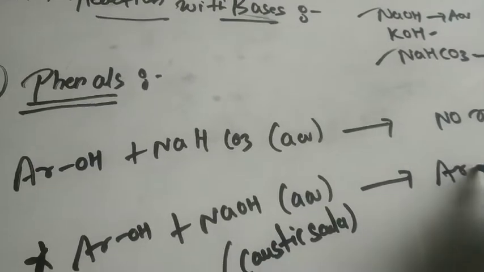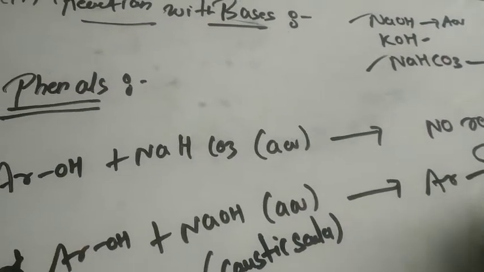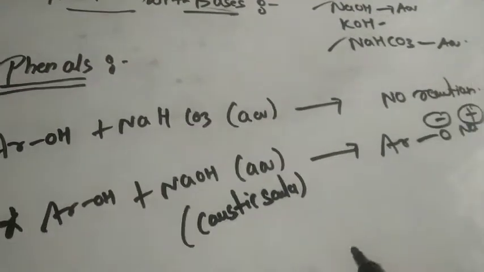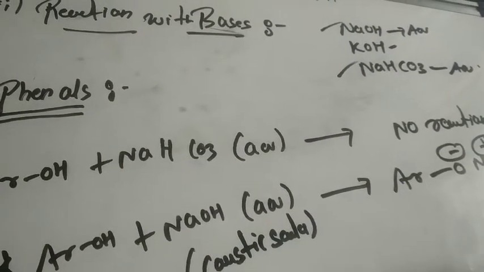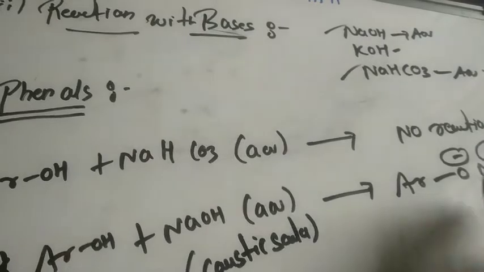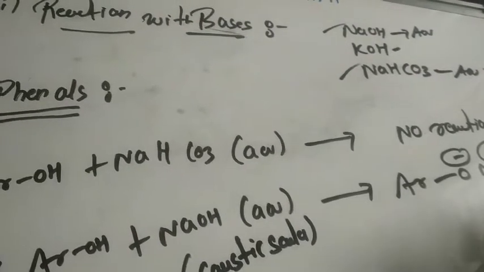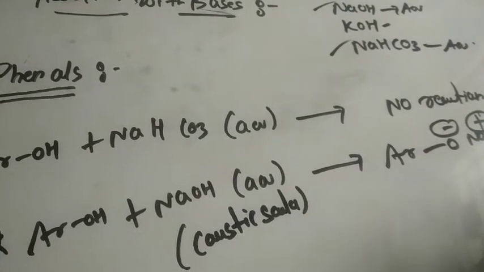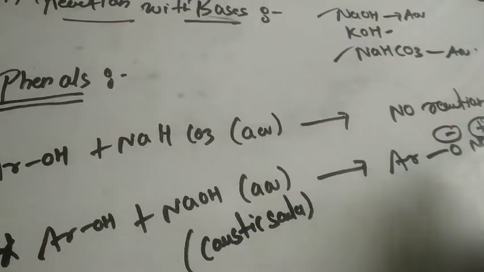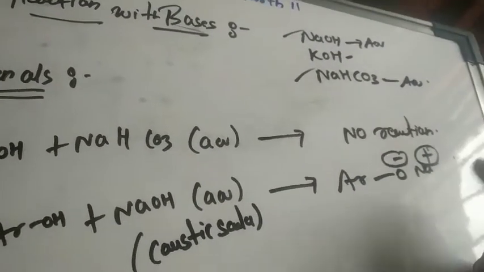Then it gets converted into ArO minus Na plus, right? So this becomes the sodium phenoxide. Sodium phenoxide ion is formed in this case, right? So phenol dissolves in the aqueous NaOH to form a water soluble sodium phenoxide and is regenerated on acidification with HCl.